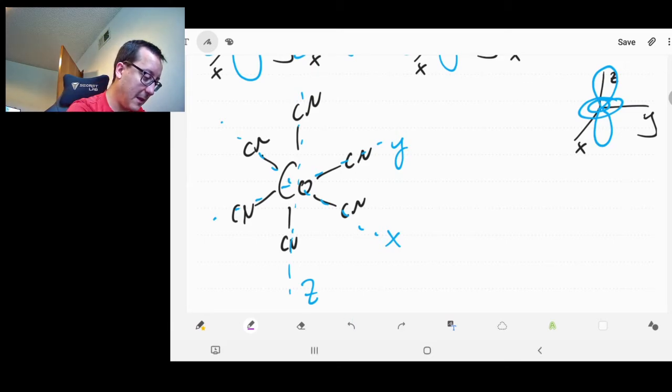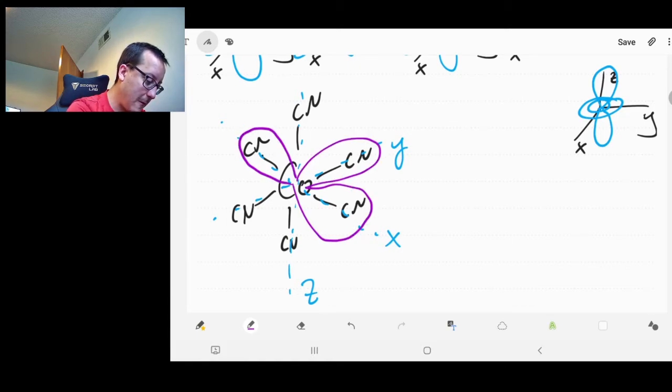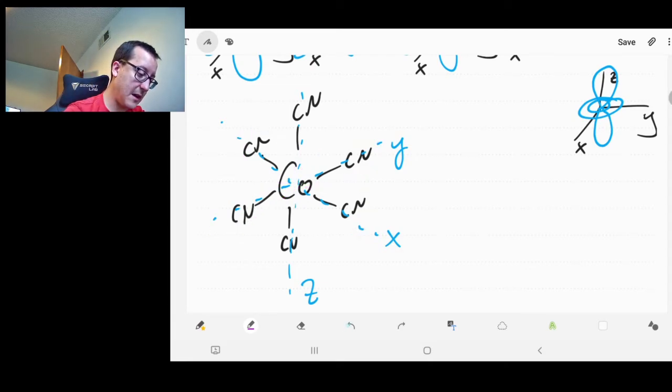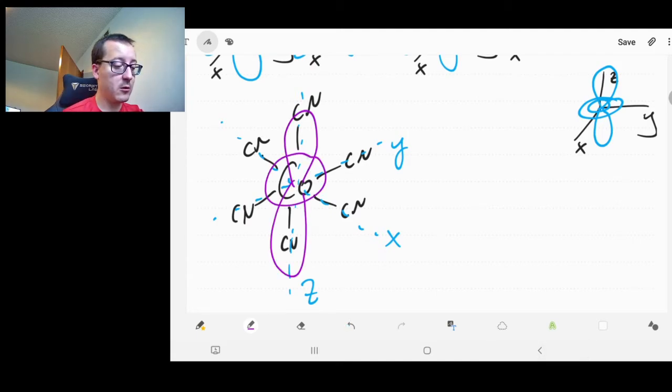But if we look at something like the xy one, or x squared minus y squared, rather, notice that our d orbitals line up pretty much with the ligands. And with the z squared, we're going to have that lining up with the vertical axis and then a little bit with the rest of it.